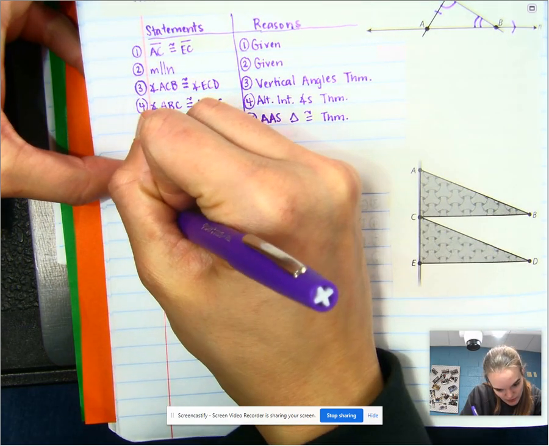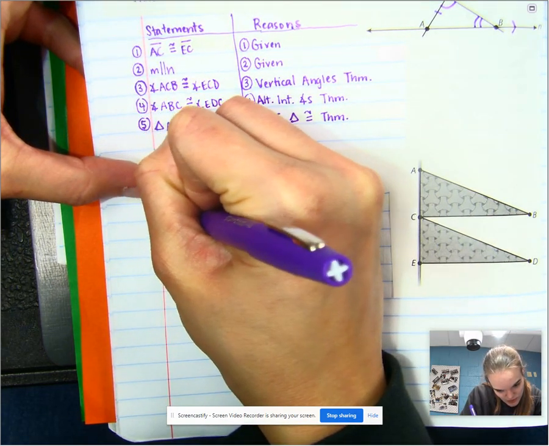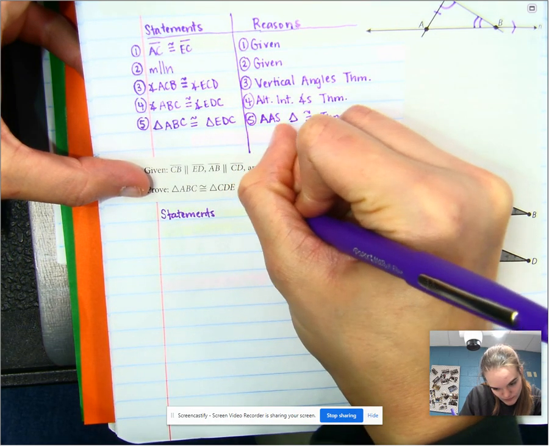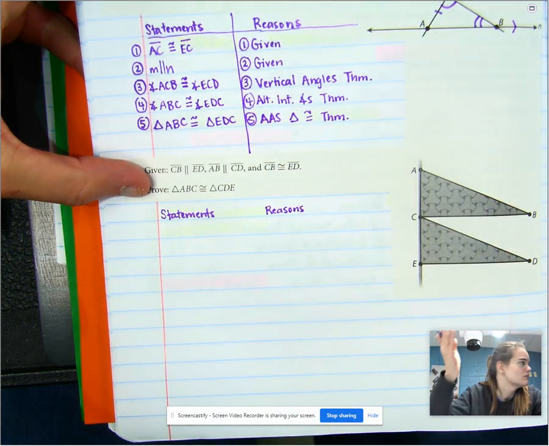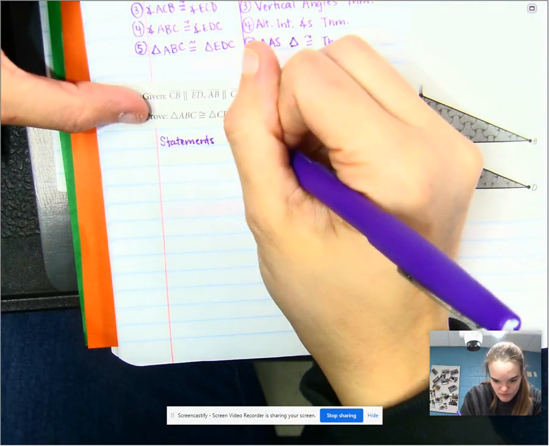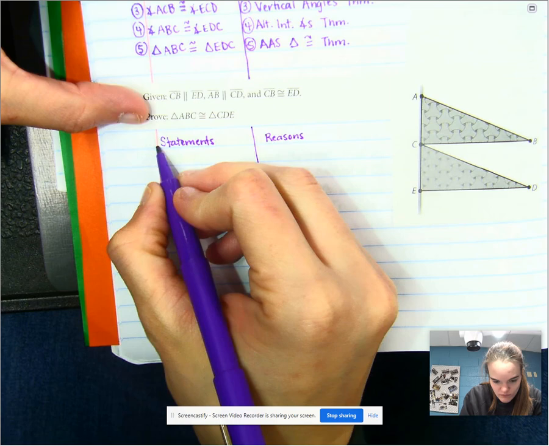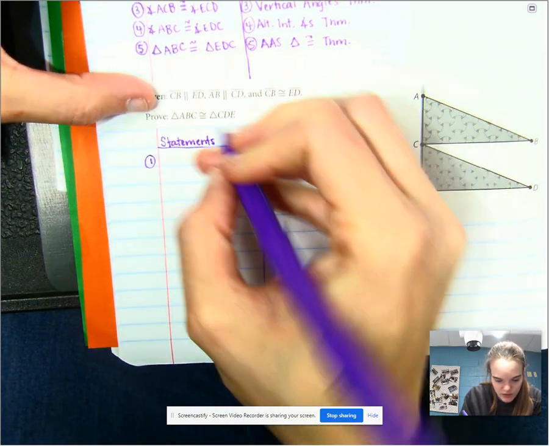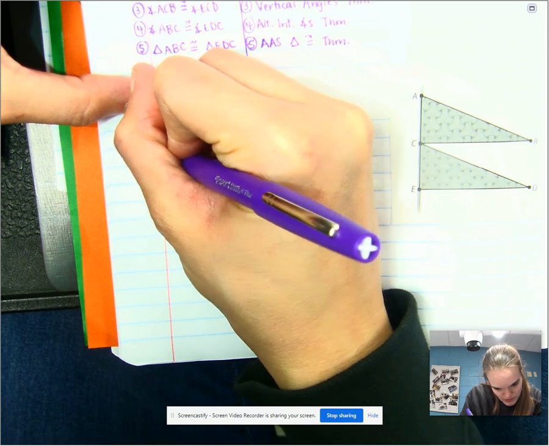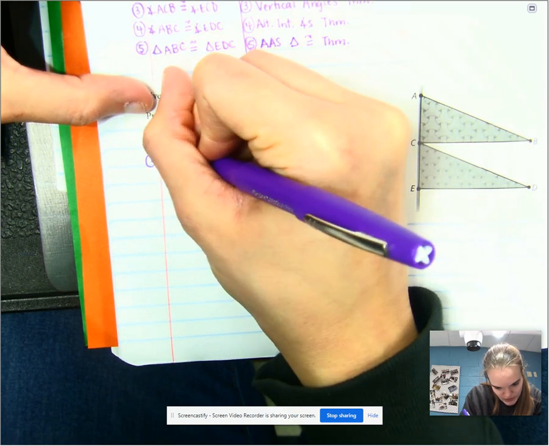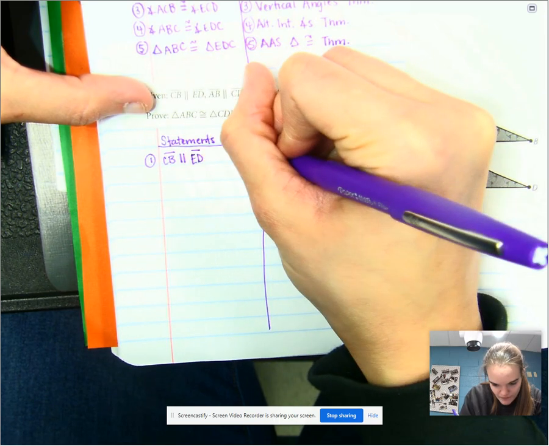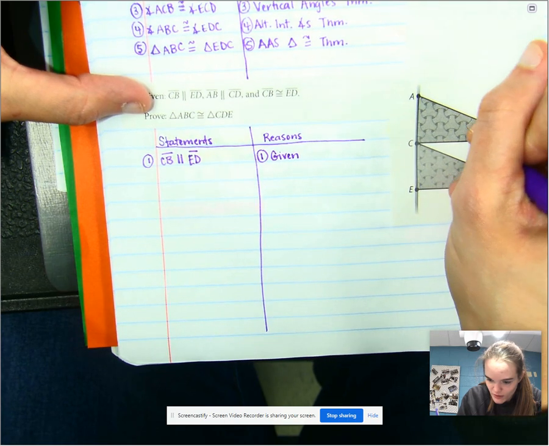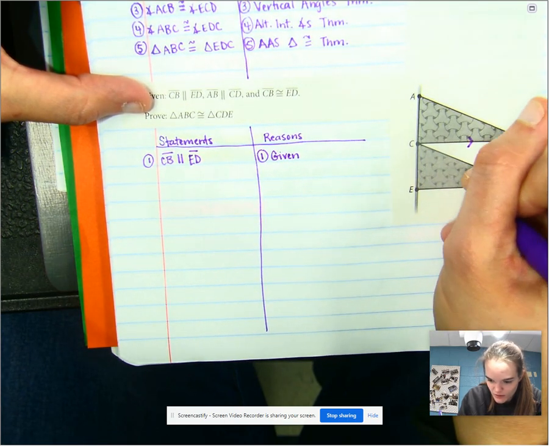Okay, statements and reasons. So you should have paused the video. We have three givens. CB is parallel to ED. We're going to mark that. CD is parallel to ED.